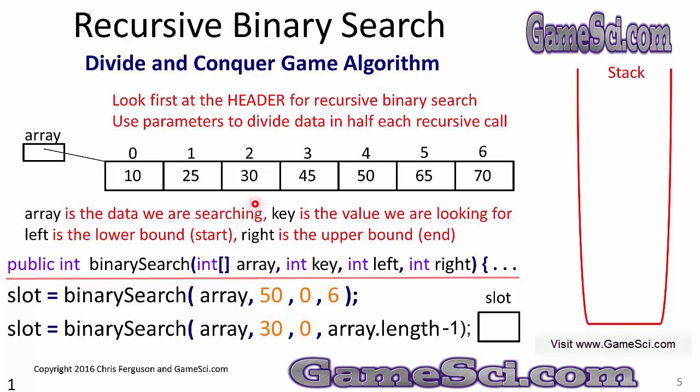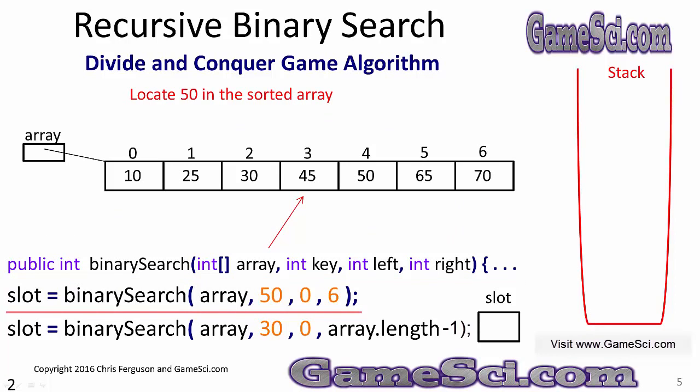The second parameter is key, the value we're looking for. The left parameter is the lower bound, or where we start the search from. That's going to be 0 in this case. The upper bound is the right value, the end of the data where we're going to search. So basically we're calling binary search and saying look for key between these two indexes, left and right.